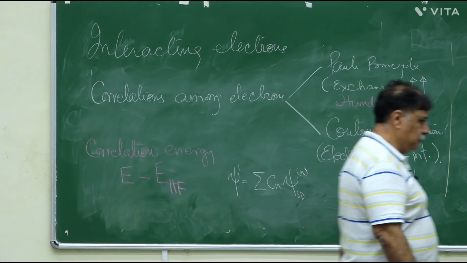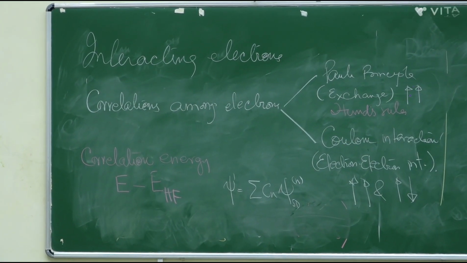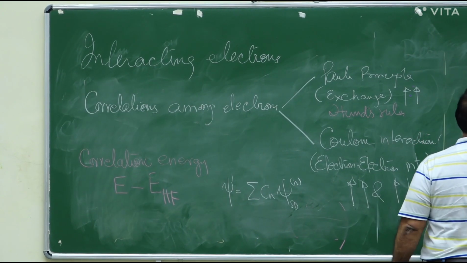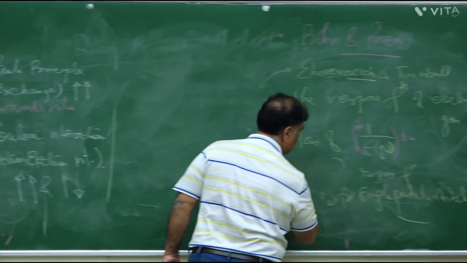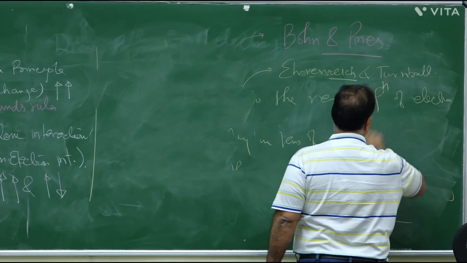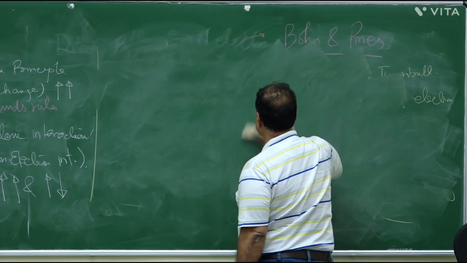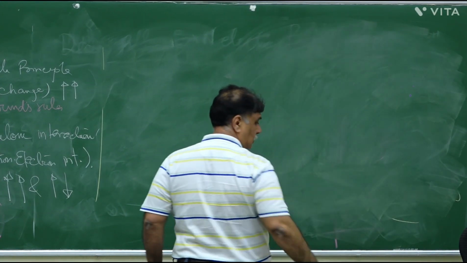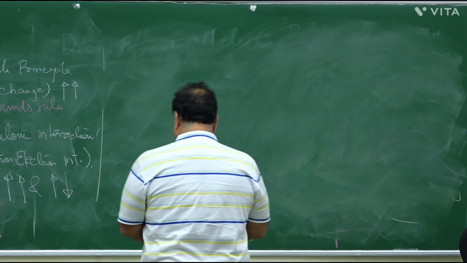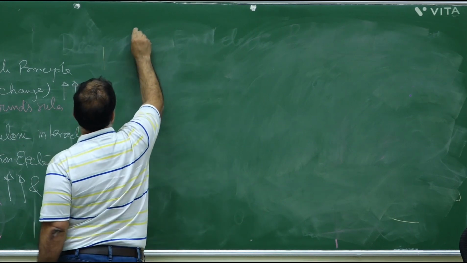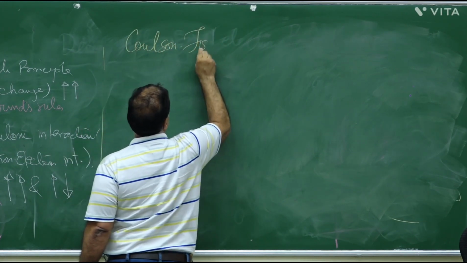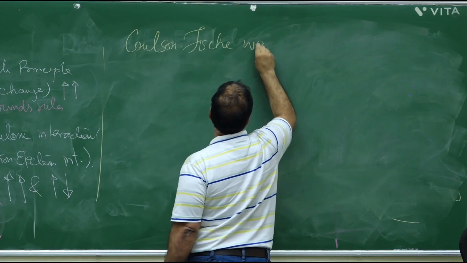Okay. So this is a kind of overview of what happens if you do this Coulomb interaction. I'll just describe something called the Fisher wave function.